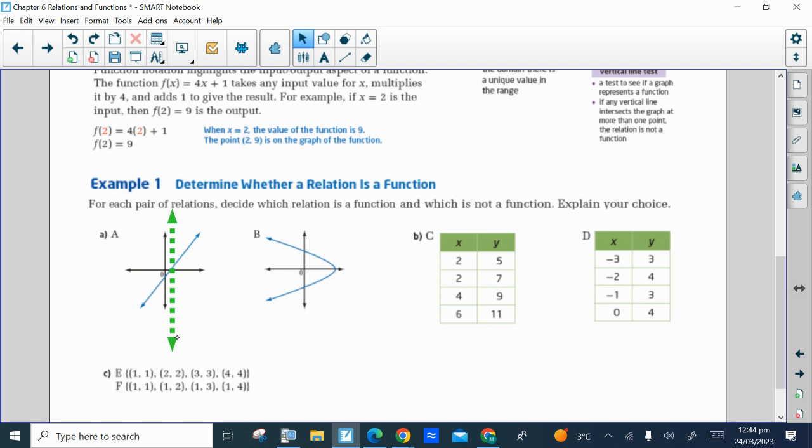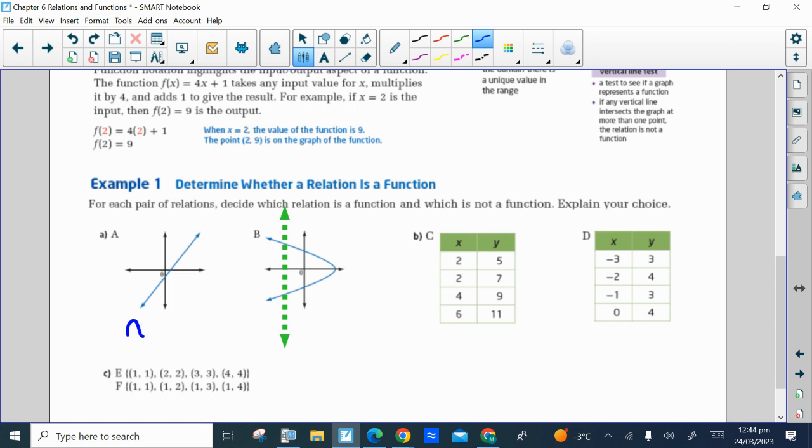So that is a function. But for the second one, there's lots of places that you can stop and drop that vertical line where it hits the graph in two spots. So when you can find at least one place where that happens, you can say that it is not a function. So the first one is a function. It passes the vertical line test. The second one is not. It fails the vertical line test.